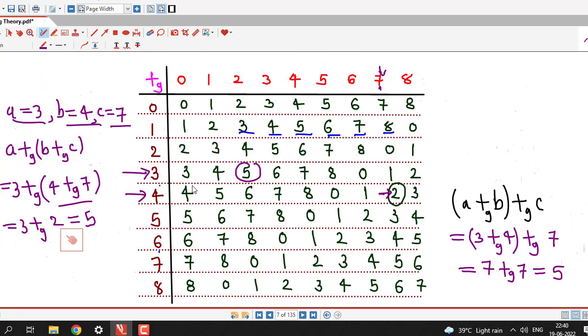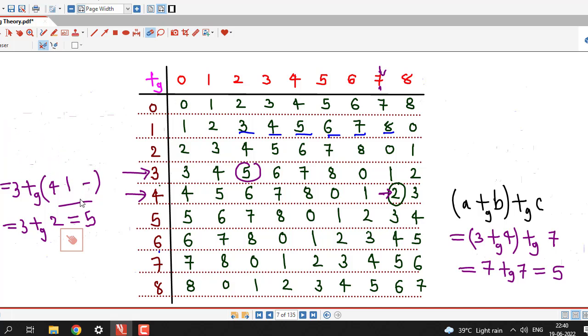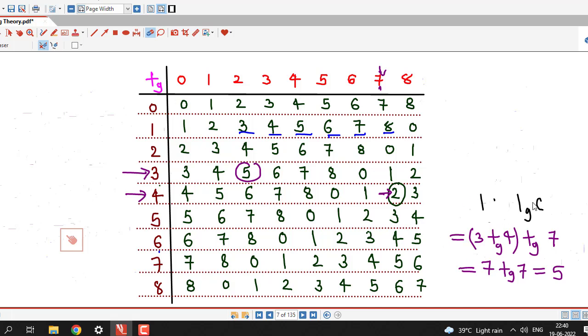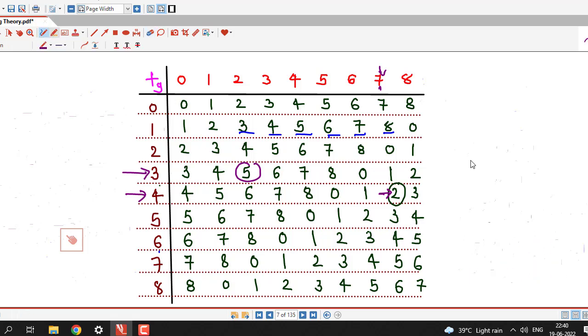Next property is identity with respect to addition modulo 9, or 0 of ring R. We know that the identity of a given ring with respect to addition operation is known as 0 of R. So we have to search for that element E such that A addition modulo 9 E equals A for all values of A in Z9.